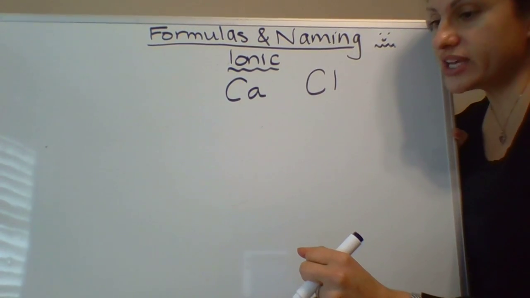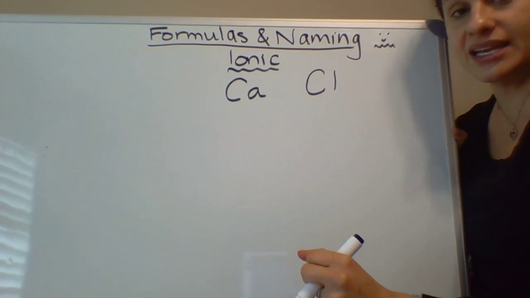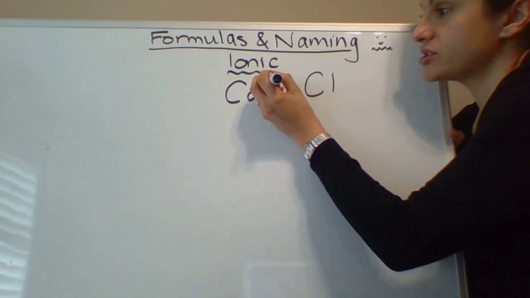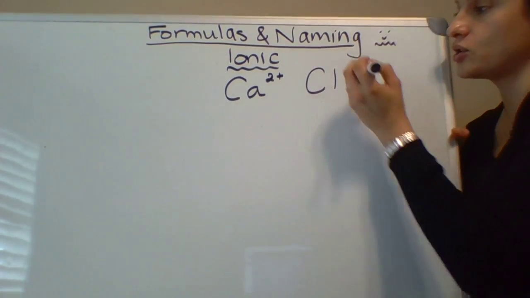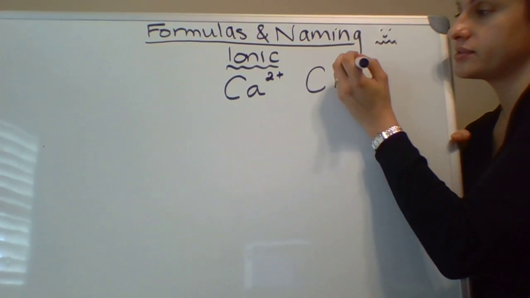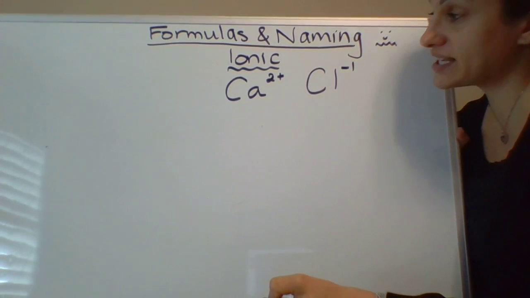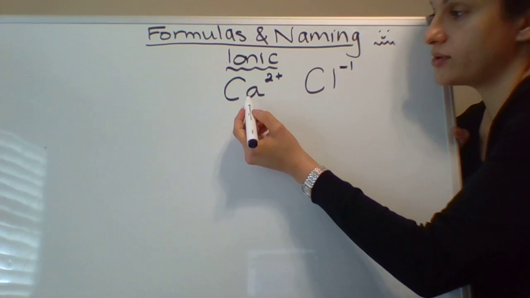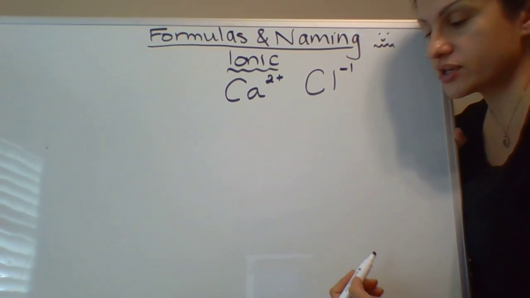First thing to do is write the charge of each. Calcium in its ionic state has a charge of +2. Chlorine has a charge of -1. So that's the first thing that you do. You write down the element, then write down its ionic charge.